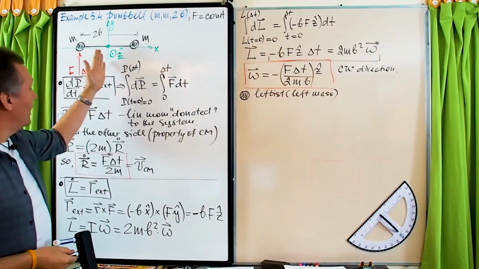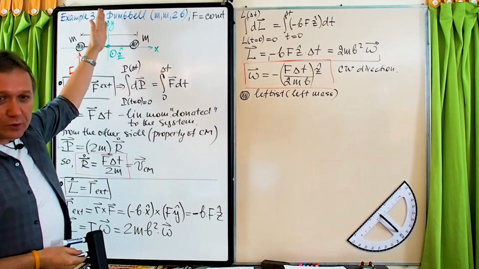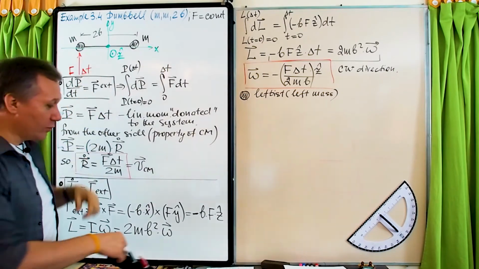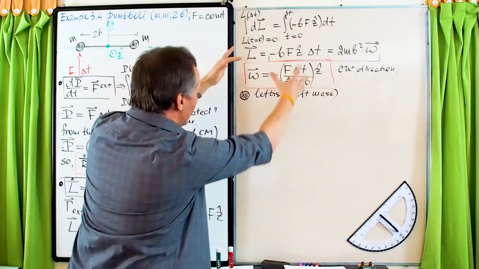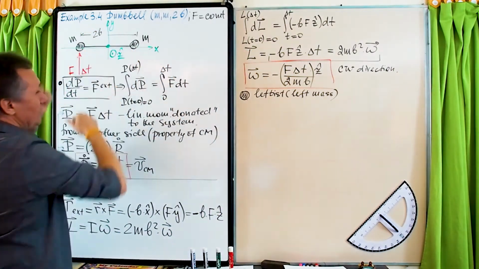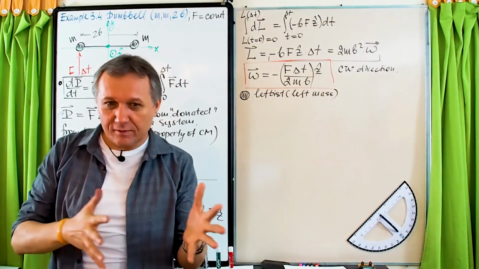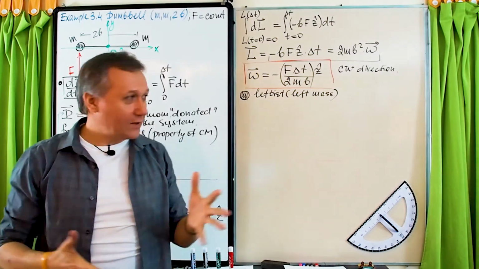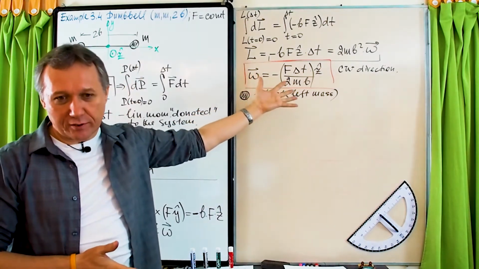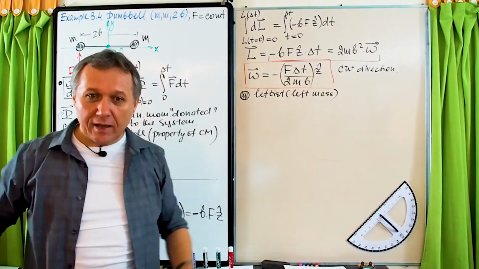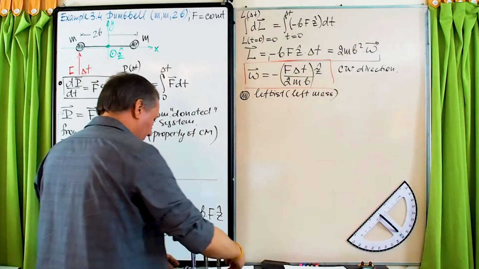First, the translational motion of the center of mass gives us some contribution. And also at the same time, since we have rotational motion of the whole system about the center of mass, there will be some tangential velocity associated with this rotational motion. Tangential velocity, of course, of the mass. Right? So let's add those two contributions.